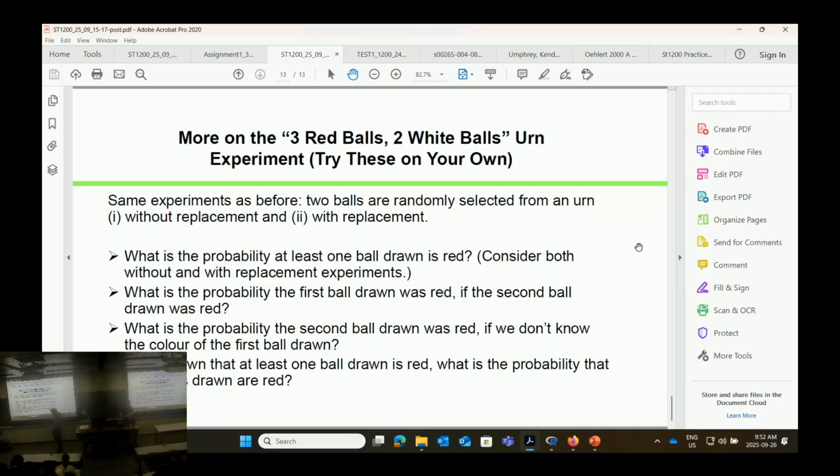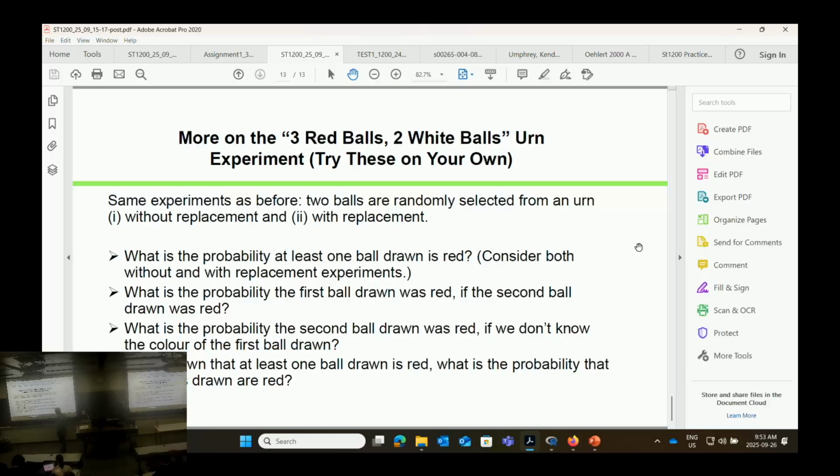And this question here, what is the probability the second ball drawn was red, if we don't know the color of the first ball, was taken up in class previously as well, where we found that the probability that the second ball is red, if we don't actually know the color of the first ball drawn, even when we sample without replacement, was equivalent to just sampling the first ball. Same probability there. And we kind of put that together.